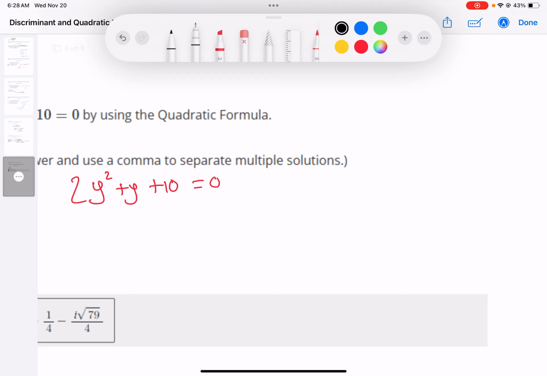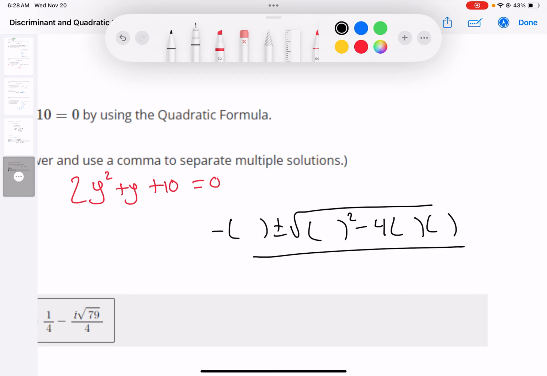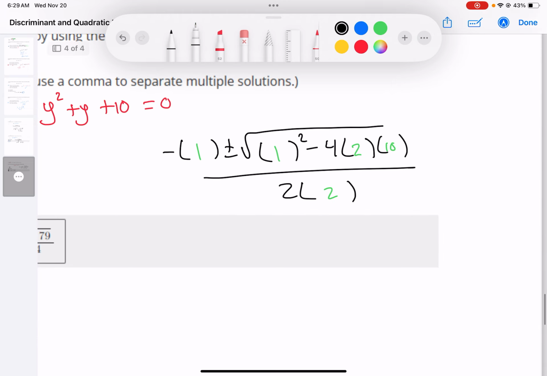Okay, so I'm just going to fill out my formula. Opposite b plus minus square root of b squared minus 4ac all over 2a. And I've got 1 is my b value, so that goes right here. I got a 2 as my a value, and then I got a 10. So let's simplify.